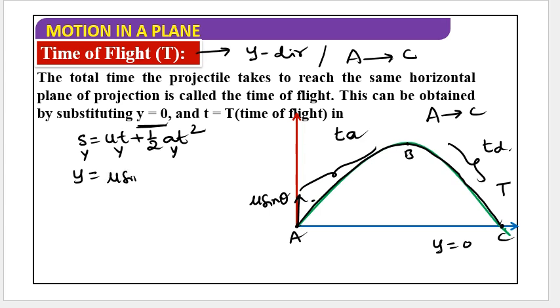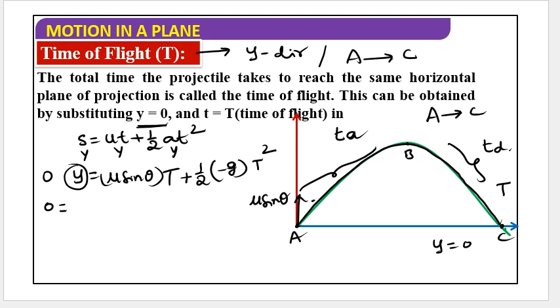If y becomes 0, the time is capital T, plus 1 by 2, in the place of ay, that is minus g, t square. So 0 is equal to u sin theta t plus 1 by 2 minus g t square.